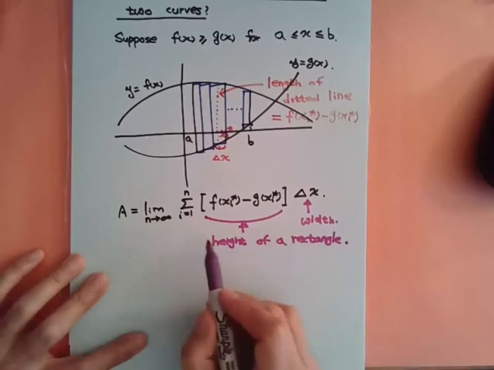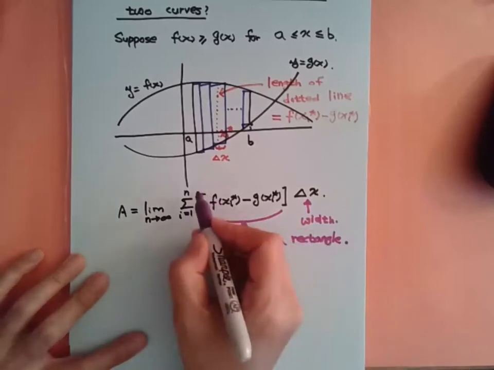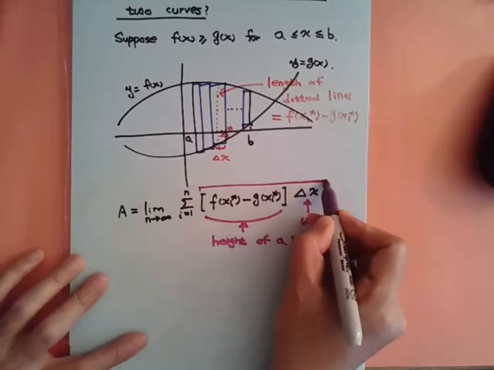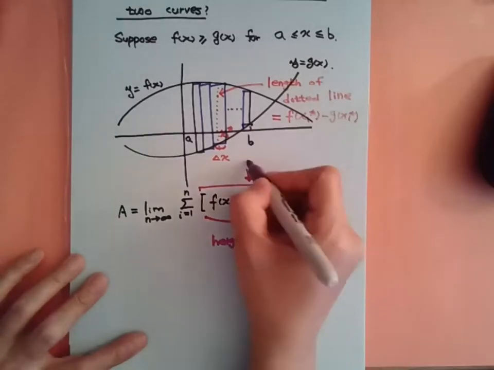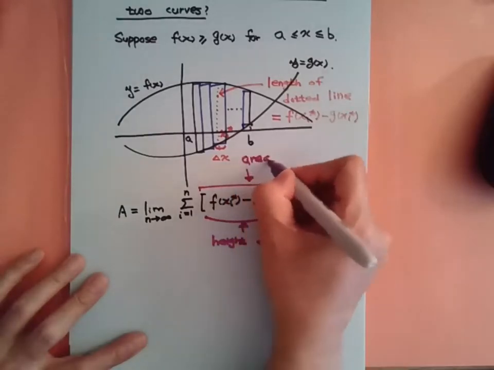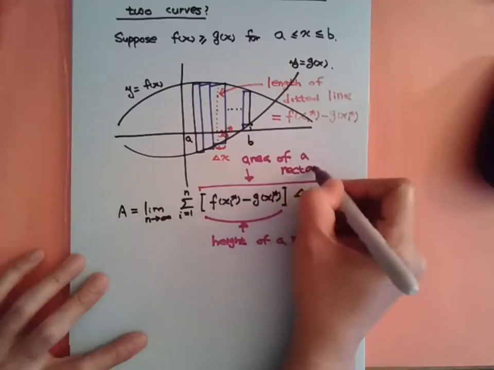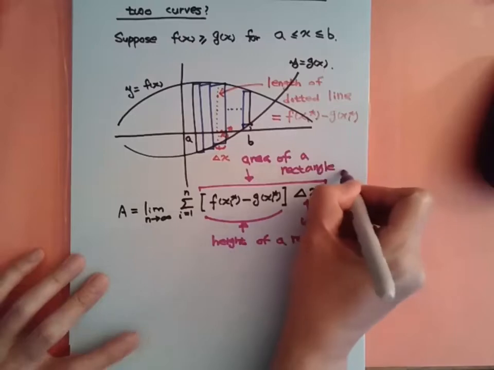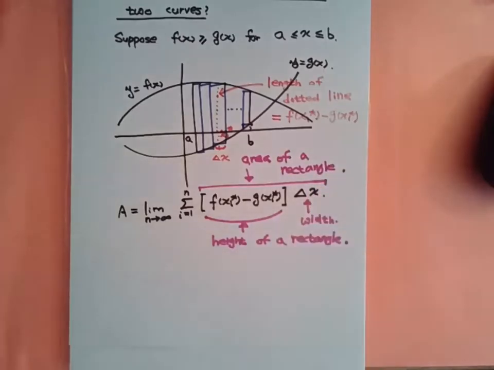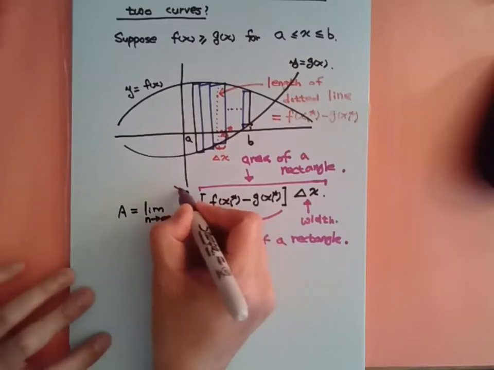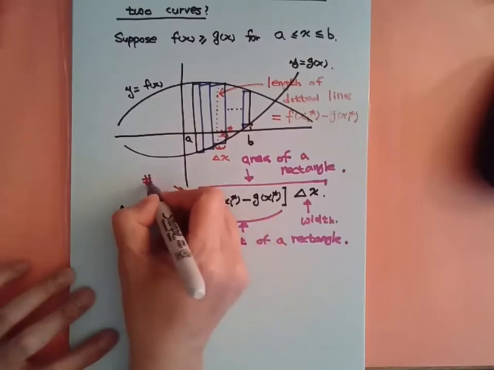When we multiply the width with the height, that is the area of the rectangle.